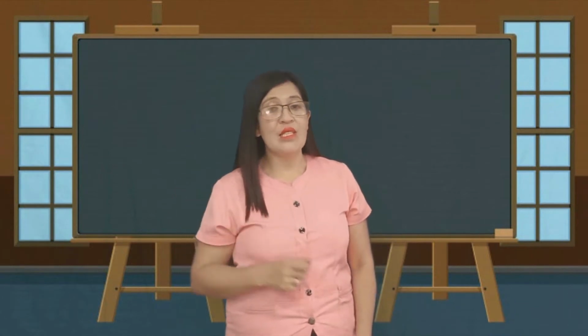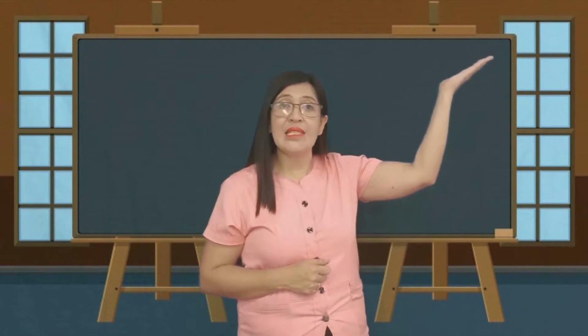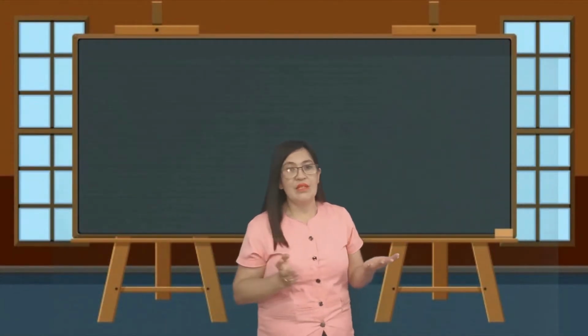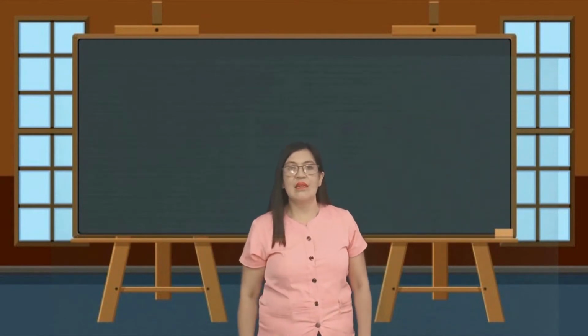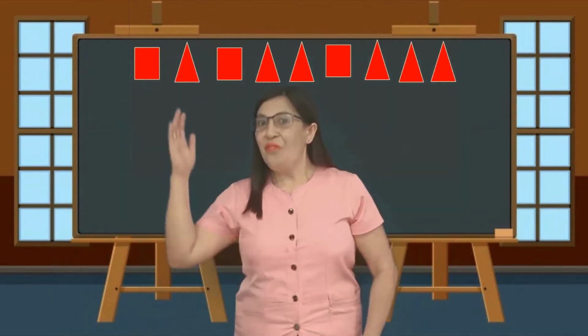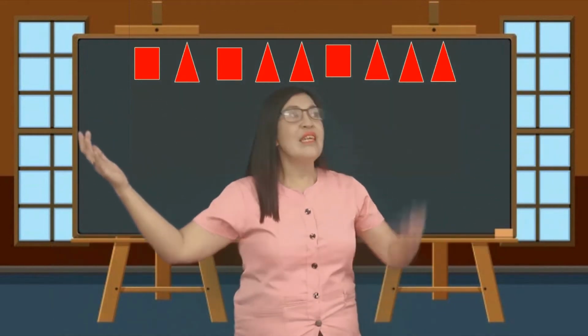Before we start our lesson for today, can you guess what are the next shapes for this item? Try to recognize the pattern and its characteristics. Here's number 1. What have you noticed? First, all shapes are polygons. These are squares and triangles.